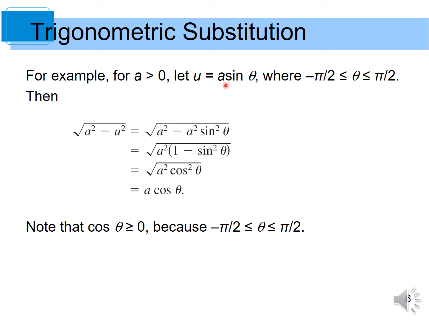We substitute a sine theta for u and factorize a squared, where 1 minus sine squared theta is cosine squared theta. And for the radical of a squared cosine squared theta, we can simplify the square. After we simplify, we only have a cosine theta, so we have eliminated the radical.